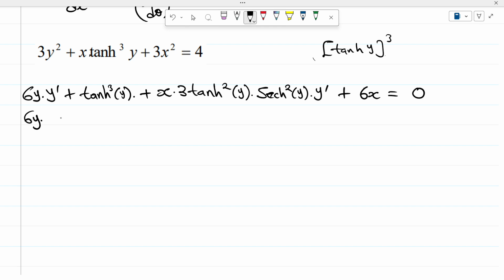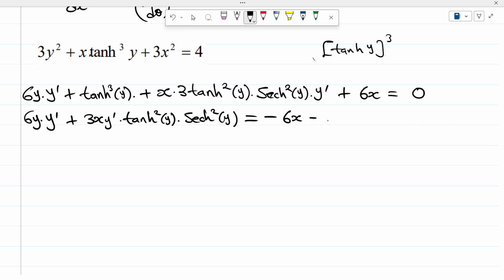So 6y y prime will be left here, plus 3x y prime hyperbolic tan squared of y multiplied by hyperbolic sec squared of y, which will then equal negative 6x minus hyperbolic tan cubed of y. We then take out the common factor of y prime.